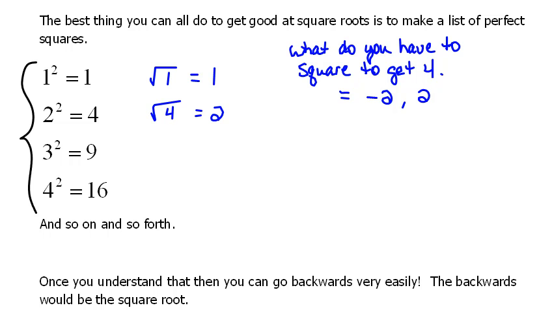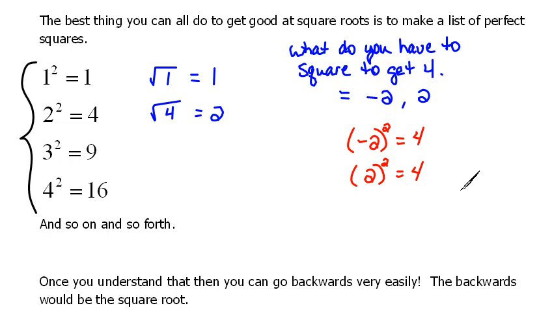Technically, there are 2 roots to a square root. And if you think about it, the reason is because if we were to take -2 and square it, we would get a +4. If we were to take regular +2 and square it, we would also get a +4. So going backwards, the square root of 4 could either be a -2 or a +2.